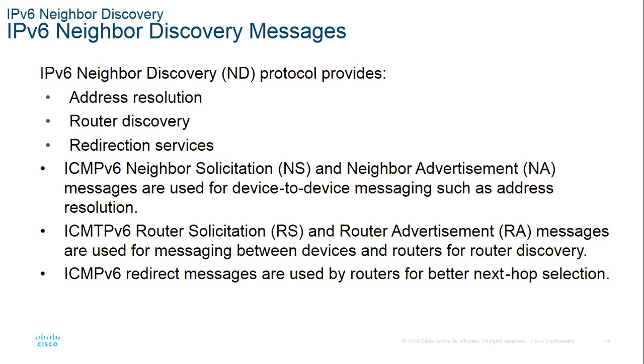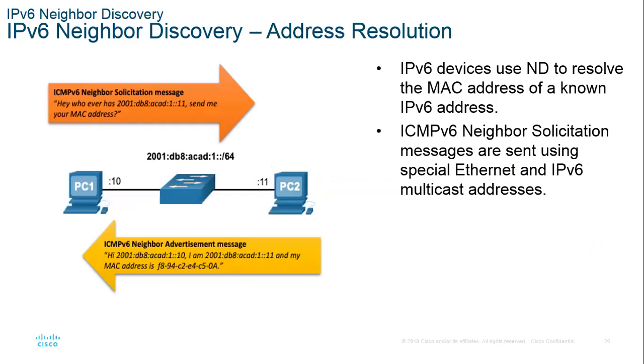Neighbor solicitation and neighbor advertisement messages are used for device-to-device messaging such as address resolution. The router solicitation and router advertisement messages are used for messaging between devices and routers for route discovery. And the ICMPv6 redirect messages are used by routers for better next hop selection.